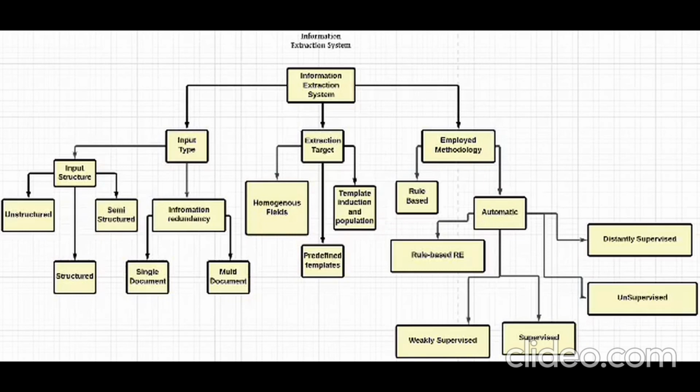Finally, IE methods can be classified by the type of their output. This categorization takes into consideration the structure of output by IE systems. The extraction target can range from isolated phrases to complex M-tuples.